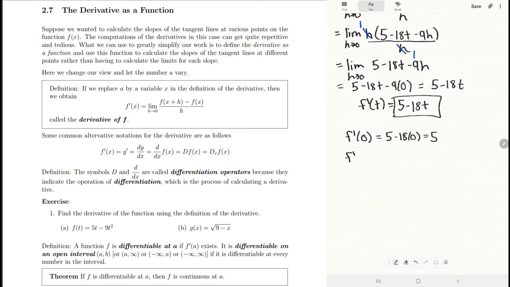And if I wanted to find f prime at 1, so the slope of the tangent line where the t-coordinate is 1, we get 5 minus 18 times 1, which is negative 13. And so the derivative function f prime of t can allow us to calculate the slopes of the tangent lines at any point that we wish.